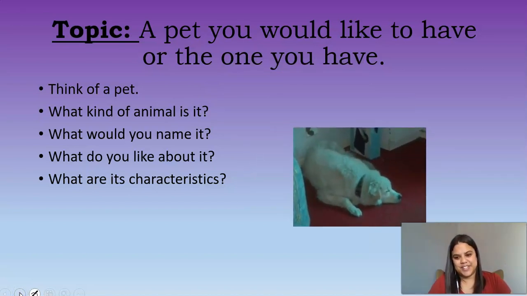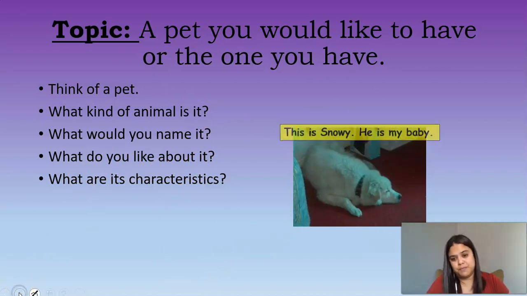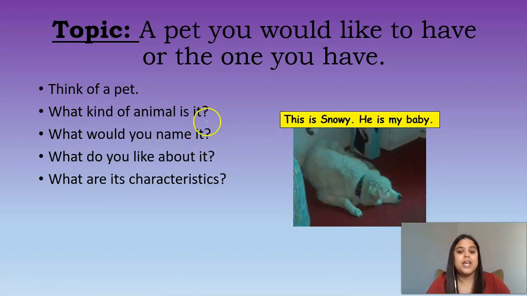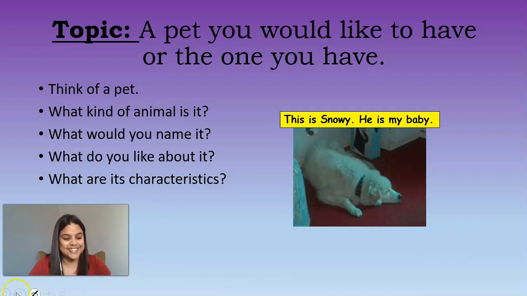And here's a picture over here. It's a sleeping dog over there, as you can see. It's an old picture of my little baby, Snowy. This is Snowy and he is my baby. So for the purposes of this lesson, grade 4s, I'm going to talk about my dog Snowy.